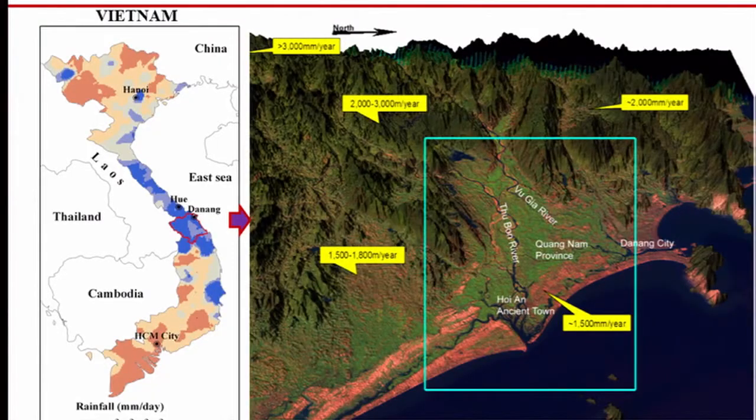In this presentation, we apply the super high resolution climate model to one of the most flood-prone areas, located in central Vietnam. We can see here that this area usually receives the greatest rainfall amount compared to other places. Here we can see the distribution of the maximum daily rainfall for the 25 years in the present climate.